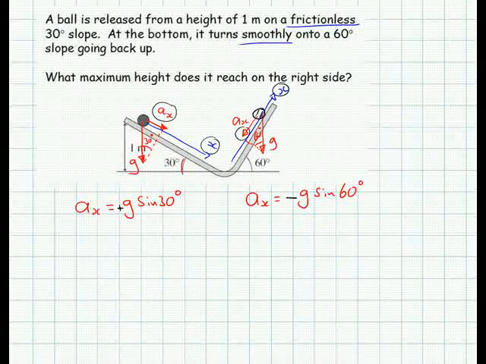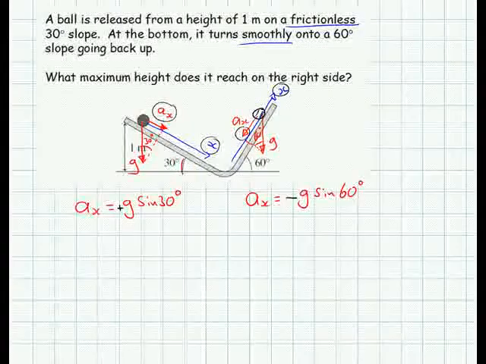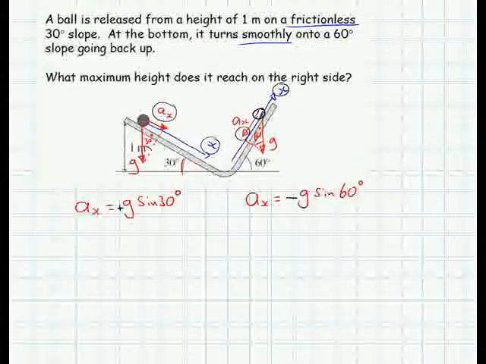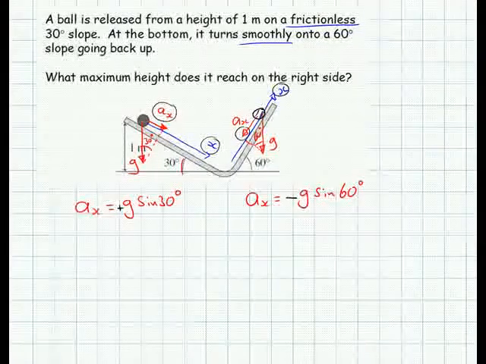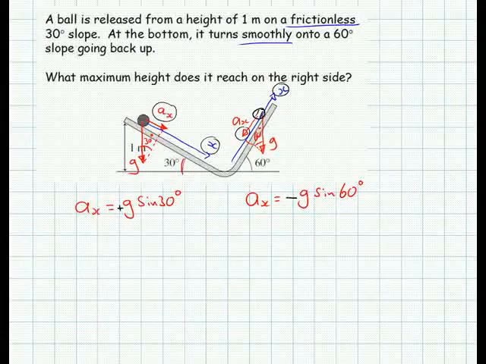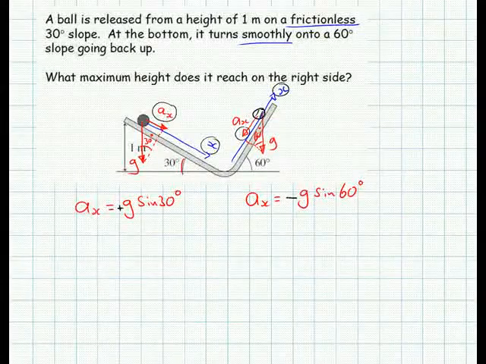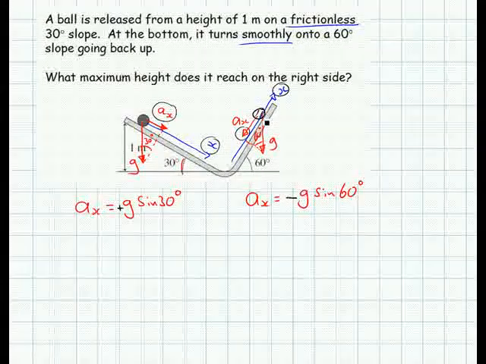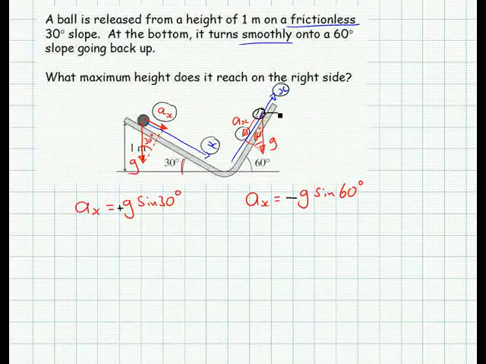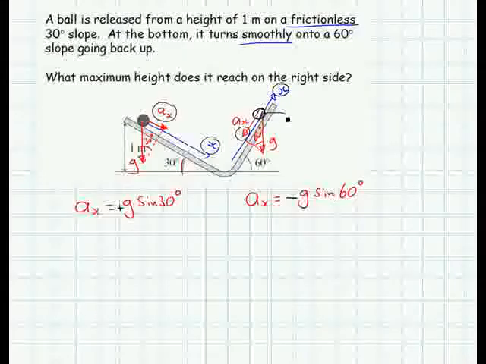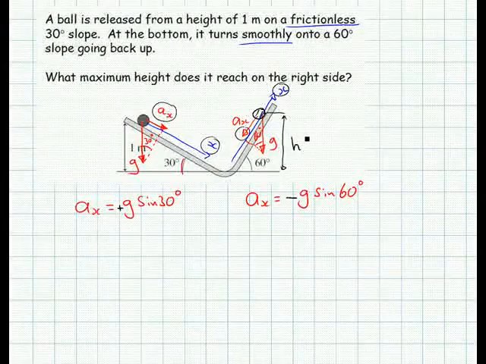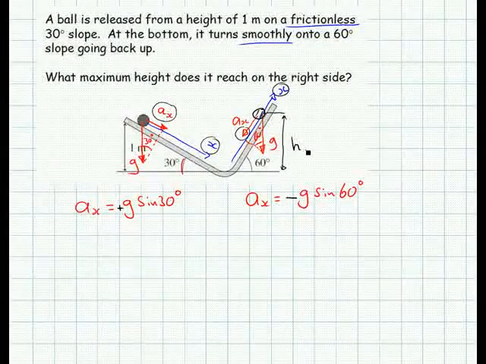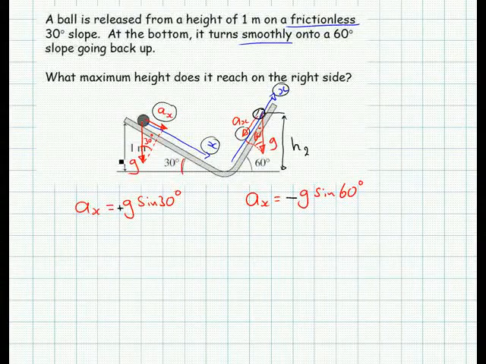Now the question is, how far up the ramp does the object go? Well, to figure this out, what we'd like to figure out is, if this is when the object stops, this is the maximum height. Let's call this h2 if we call this h1.